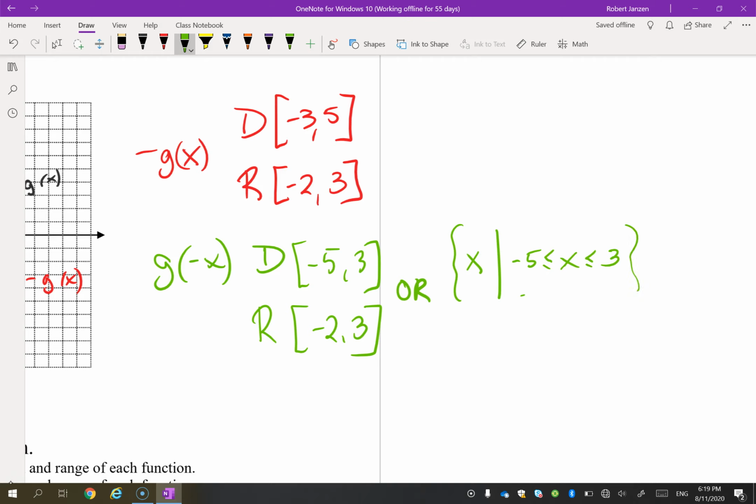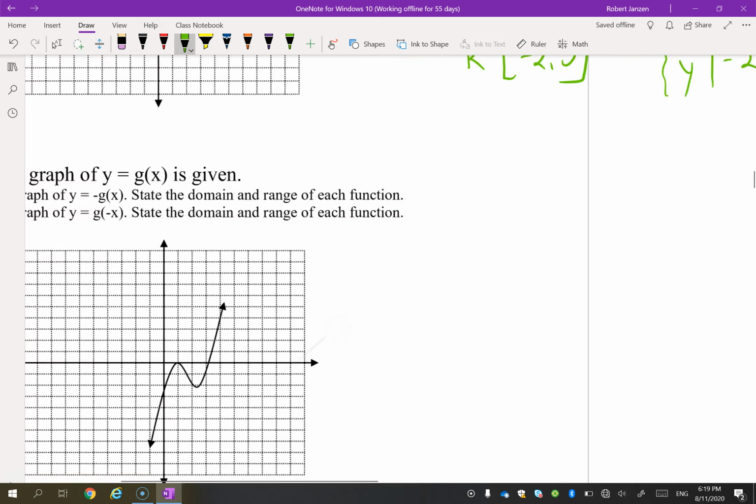Now I think in your textbook you're just going to see this part, but this is the correct way of doing it. And then what would the range be? It would be y such that, and I want to put y in between -2 and 3. So like that. All right.